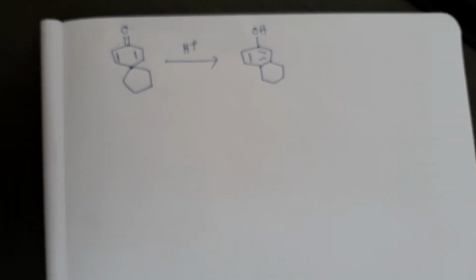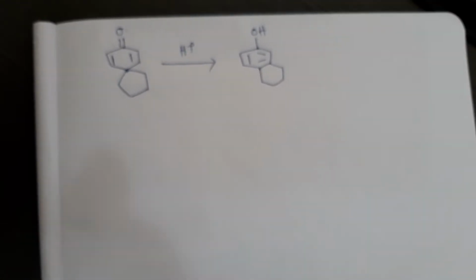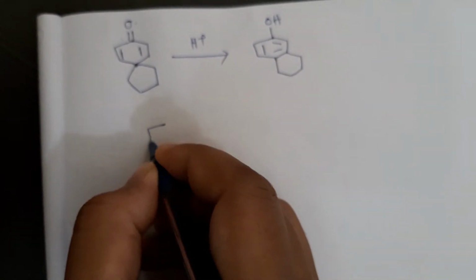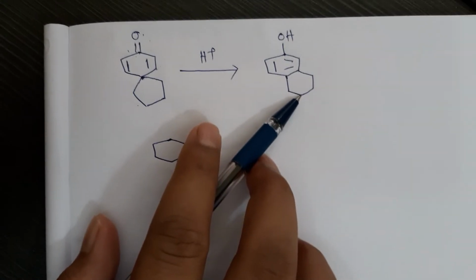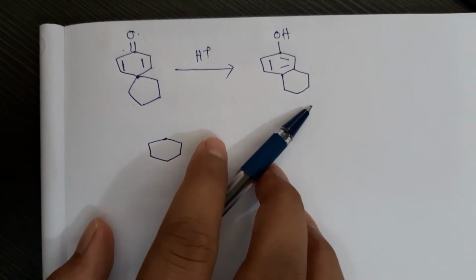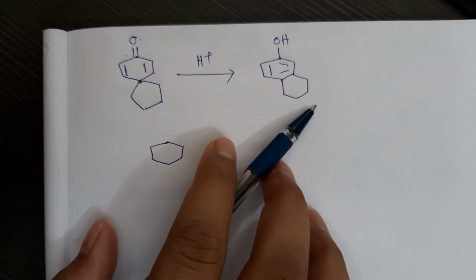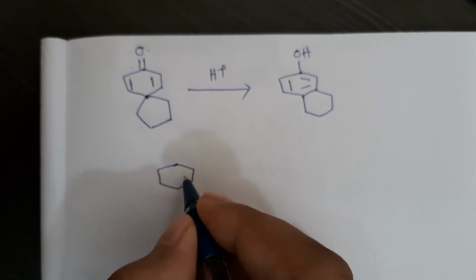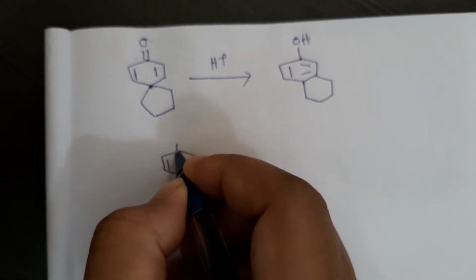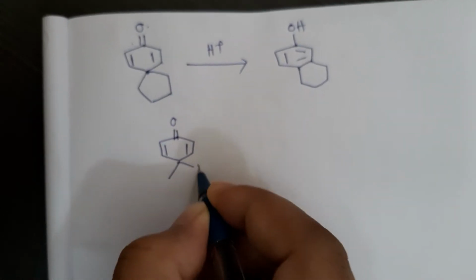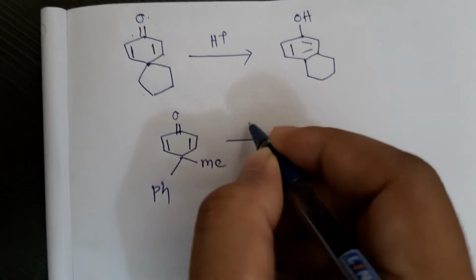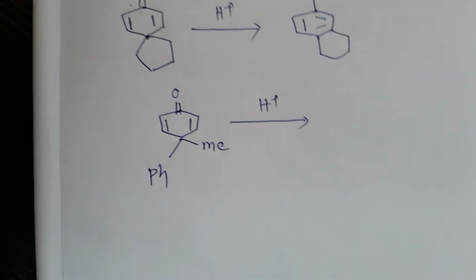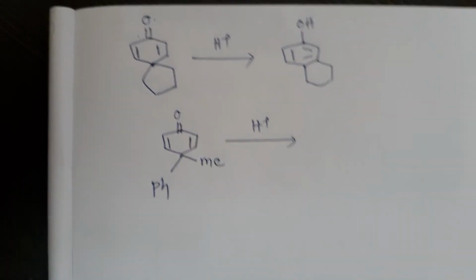Got it? Okay. Let's see another example. You draw the mechanism yourself. If you face any problem, then inform me and I will give the mechanism. This Ph, this Me, this Ph. If we give H plus, tell me one thing, which group will migrate to the carbocation?